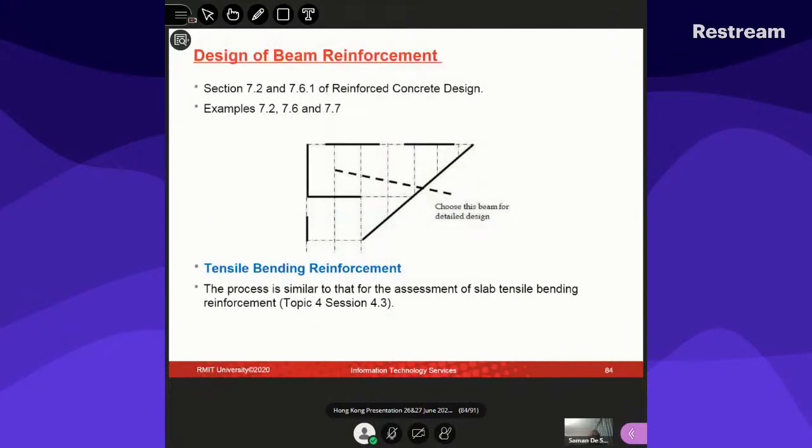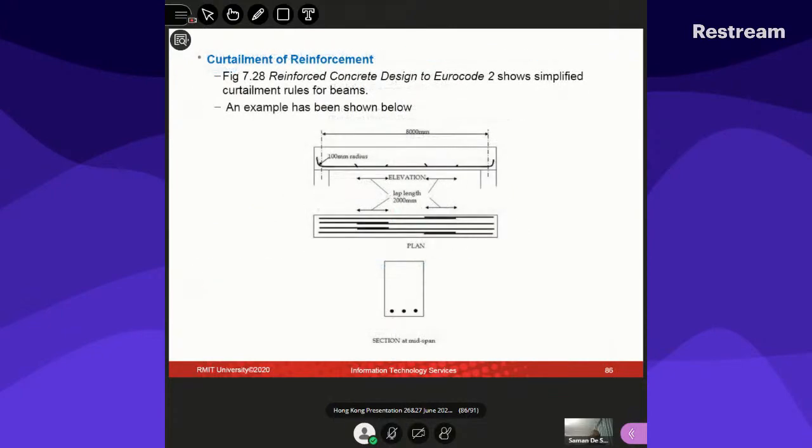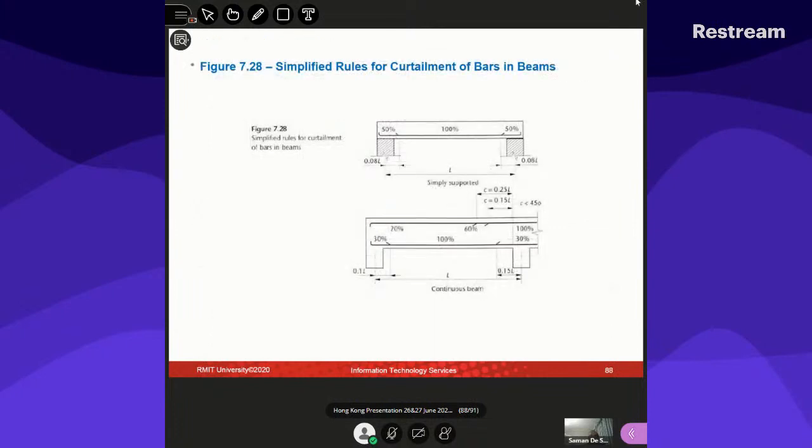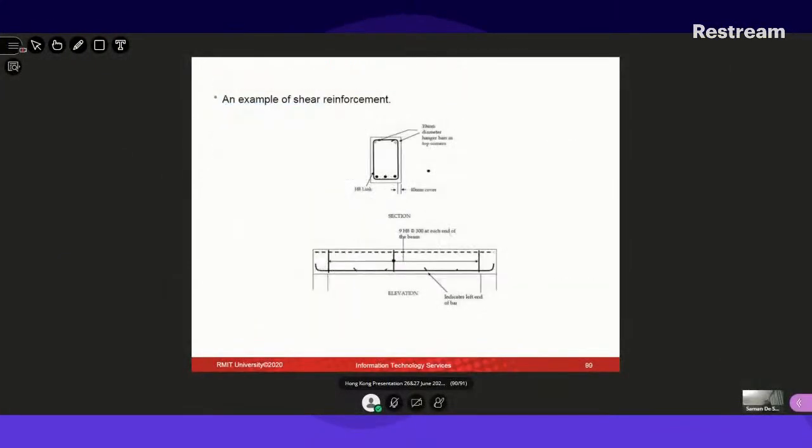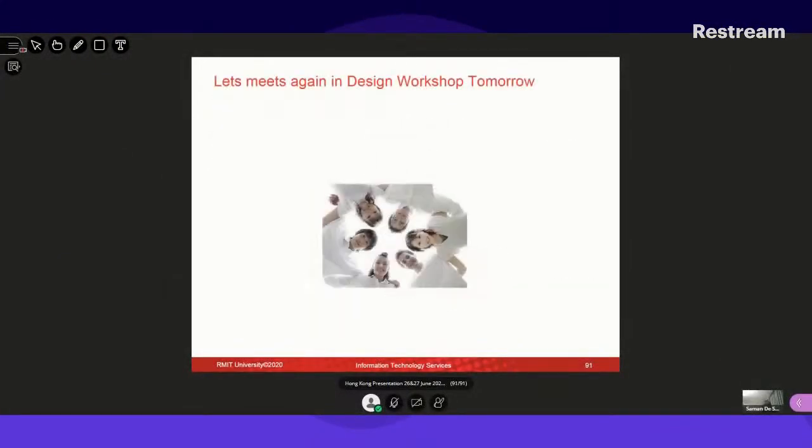But these are all just examples. So that will help. But this is where I want to be in tomorrow's design workshop.